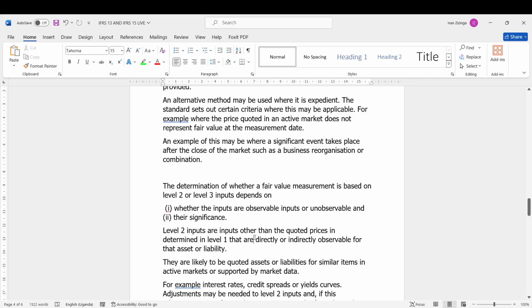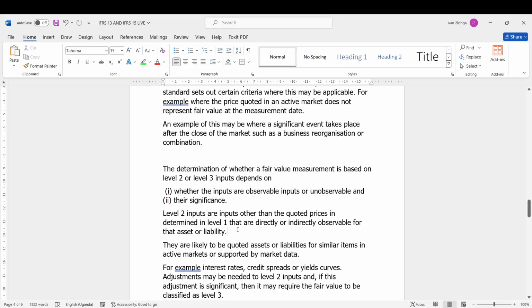While in level 1 we said we are looking at a fair value of identical assets, in level 2 we only have similar assets. And the information can be active prices on the market, but not for the same asset. So, since it is just a similar asset, then you go ahead and call that level 2.